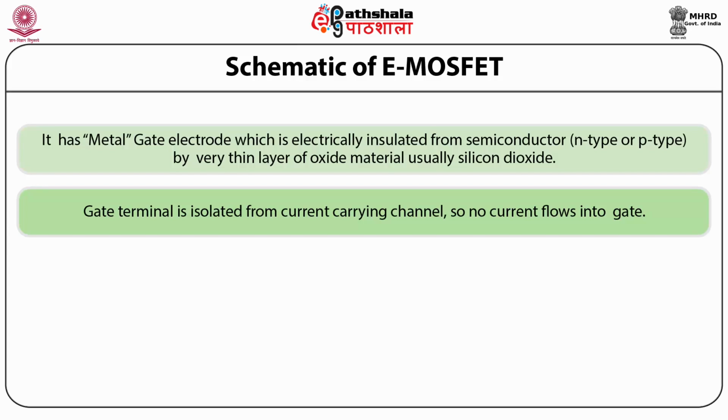You can see from this figure that it consists of a p-type silicon substrate onto which two heavily doped N+ regions, namely the source and the drain, have been diffused. A metal contact is deposited on the oxide layer, which is silicon dioxide, that covers the gap between the two N+ diffusions, and it serves as the gate G.